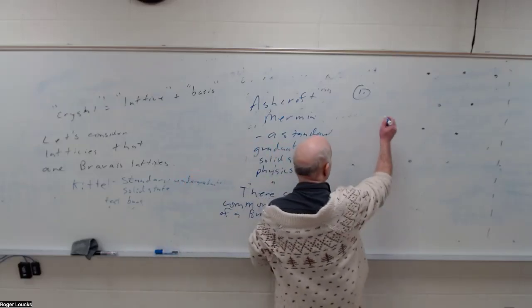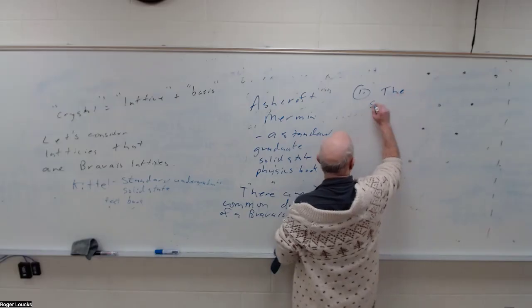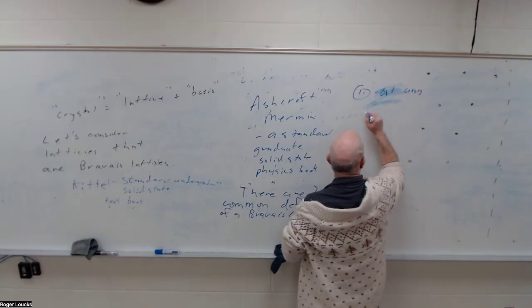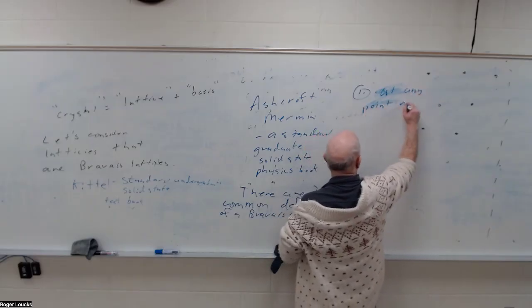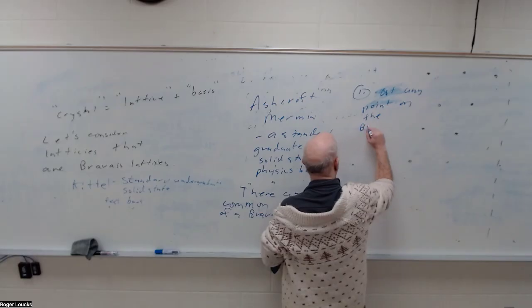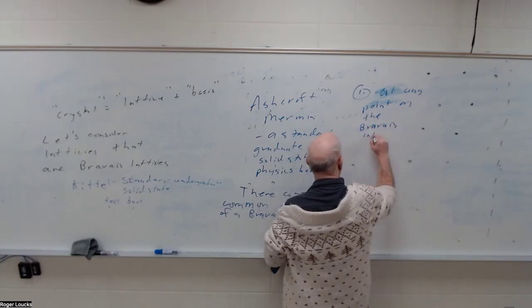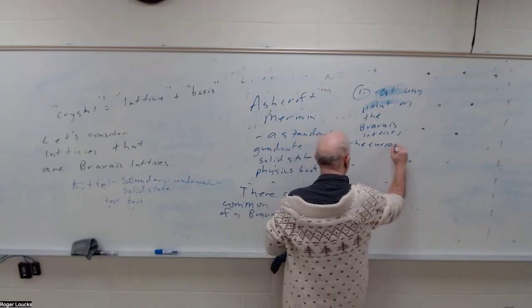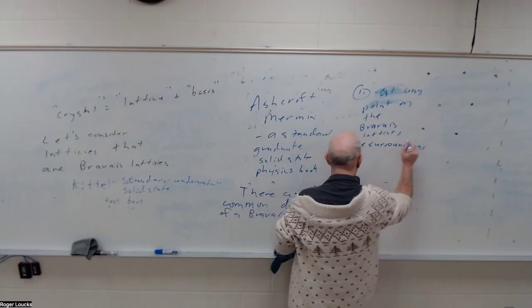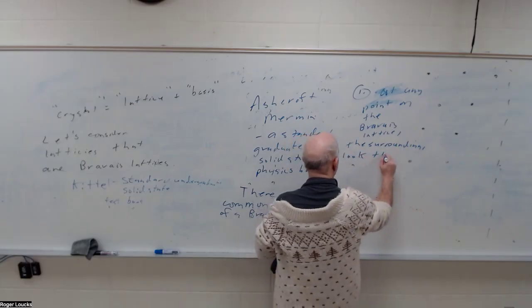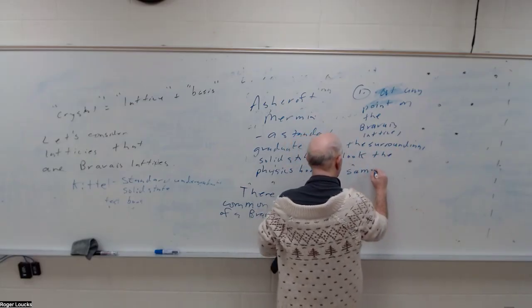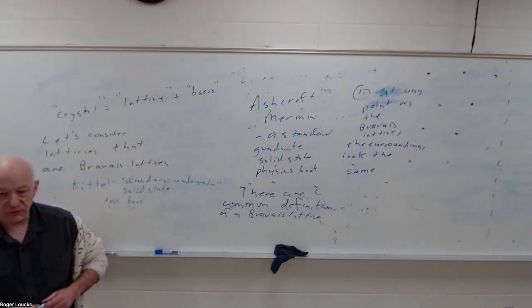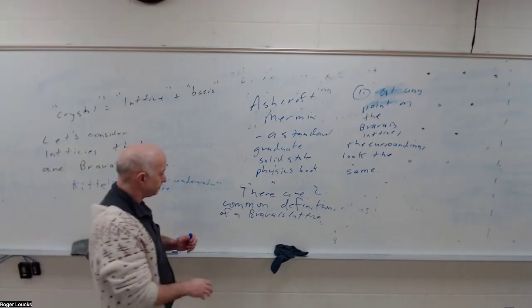So the first one is that at any point on the Bravais lattice, the surroundings are the same. That's one. The other one tells you more about how to form things.